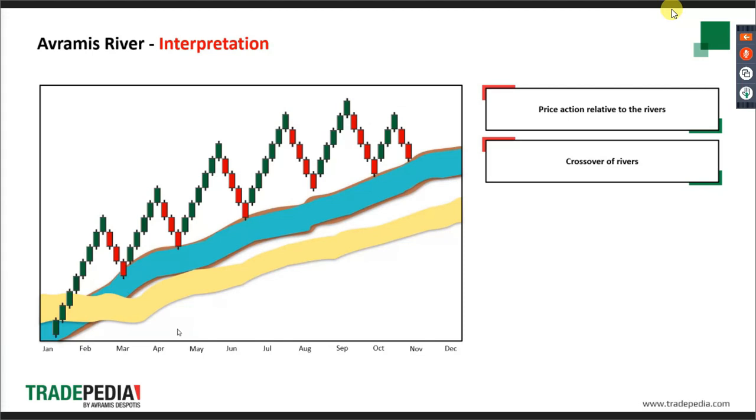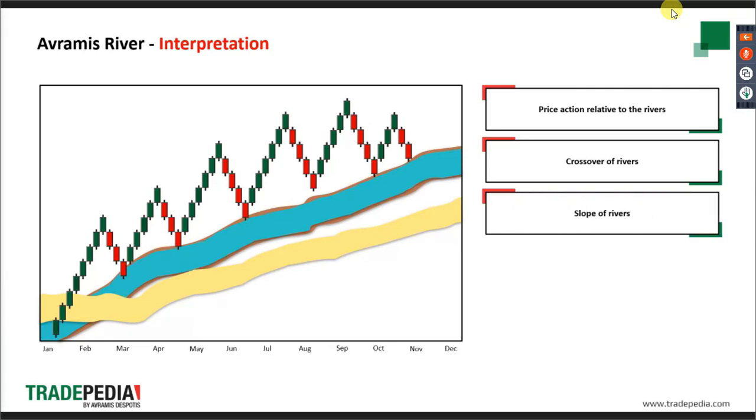This is sort of like a thicker version of the moving average that we used to use. I can't seem to turn on my pen, so I'll just use a laser pointer then, like this. Instead of a line, we have an area. So we can use it to compare the price action relative to the river.